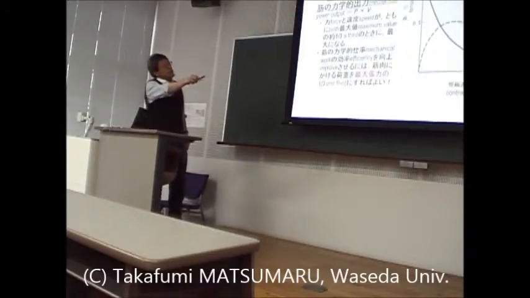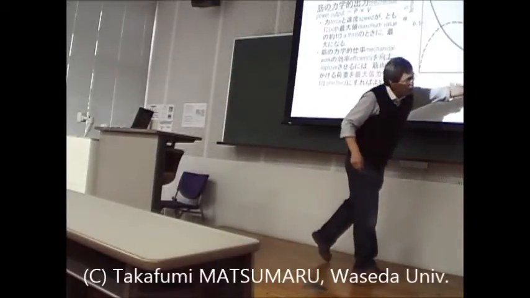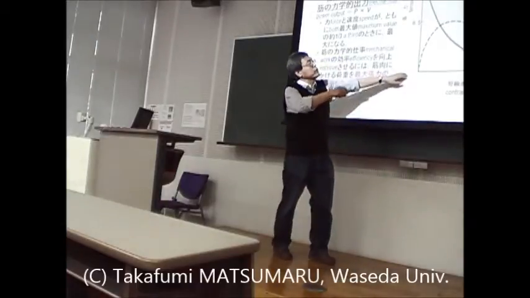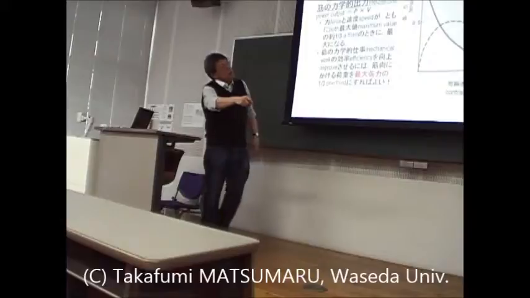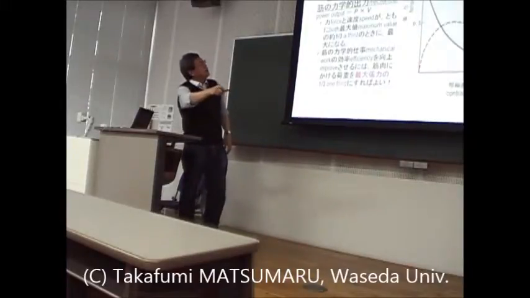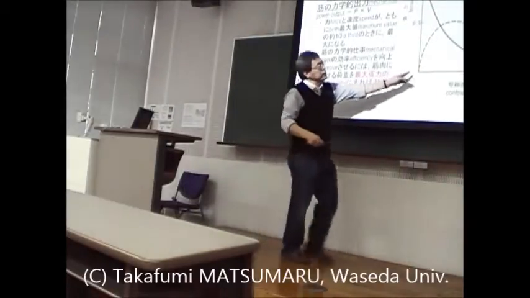And then this is the same curve of the contraction speed and contraction tension load. It looks like this. Therefore the power is the product of the tension and velocity, so it looks like this.